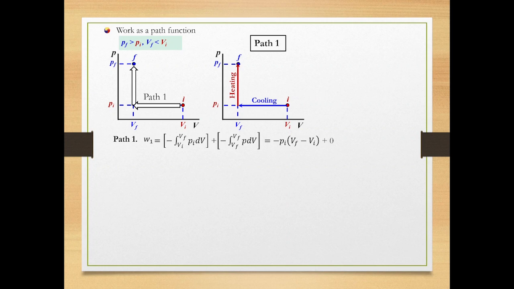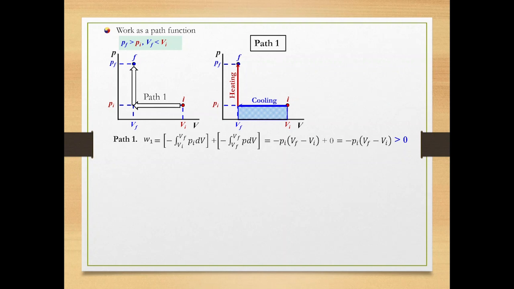Consequently, the work done in path 1 is negative Pi times Vf minus Vi. The Vf minus Vi is negative because Vf is smaller than Vi. This makes the work positive due to the negative sign in the front. The work done to the gas in the course of compression in path 1 is the same with the area of the shaded rectangle in blue.